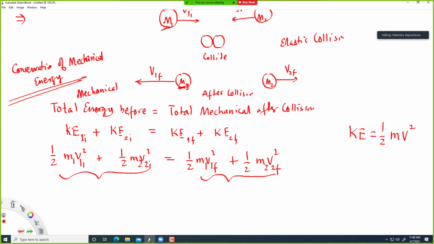Then you may be confused with these two masses because these may be different. One may be heavier than the other one. So this one is 1 and this one is 2. That's why you need these subscripts. But sometimes you may have same mass. In that case, yeah, you don't need to put the subscripts. Let's say you are colliding objects that have same mass, then you don't have to worry about the subscripts. But if one is heavier than the other, then you need that.